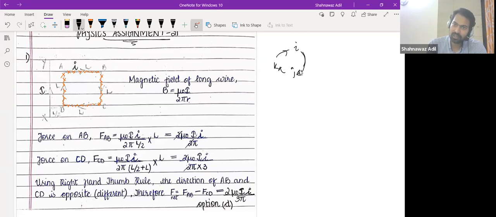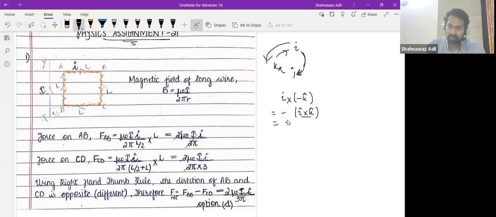We know that I cross J is K, but we are calculating I cross minus K, which is minus of I cross K. So what would be I cross K from this diagram? Minus J, so it will become plus J, right?